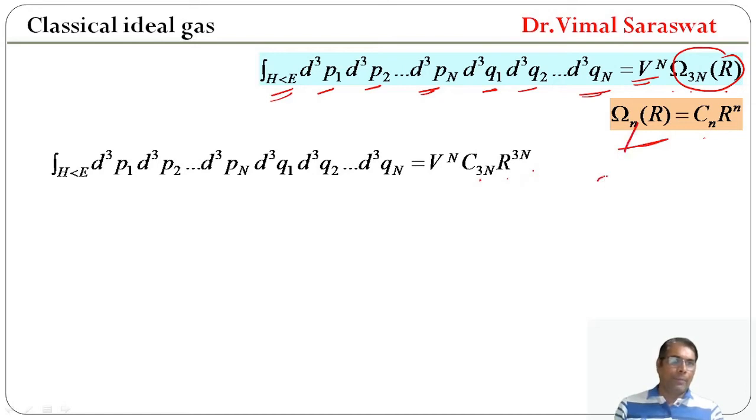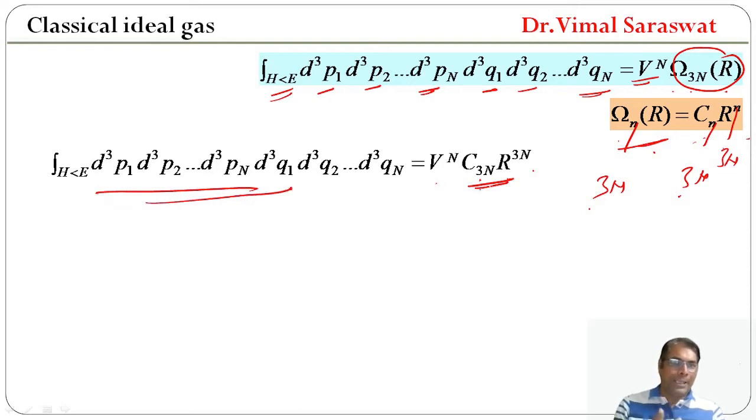If we put 3n here, then 3n will be here and also 3n here. So omega 3n r is equal to C3n r raised to 3n, which is written here. So this value will be V raised to n C3n r raised to 3n.